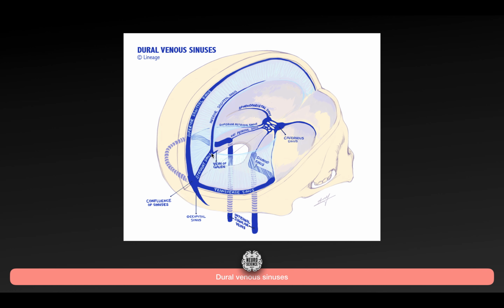Superior sagittal plus straight plus occipital gives us this confluence. The transverse sinus receives the confluence and receives the cavernous sinus. It then forms a sigmoid sinus, an S shape, and then drops down once it receives the inferior petrosal sinus, which runs bilaterally to this region here of occipital bone, which is called the clivus, which runs up to the cavernous sinus.